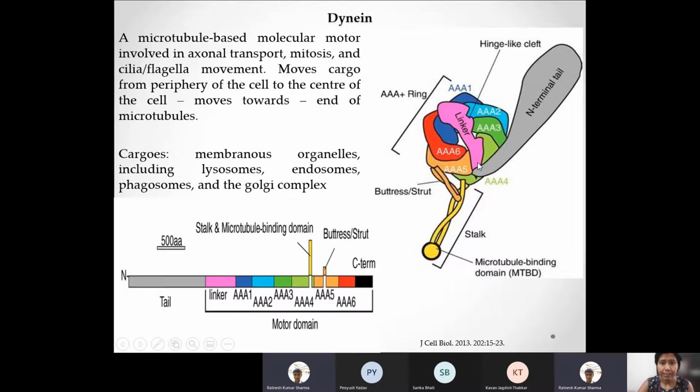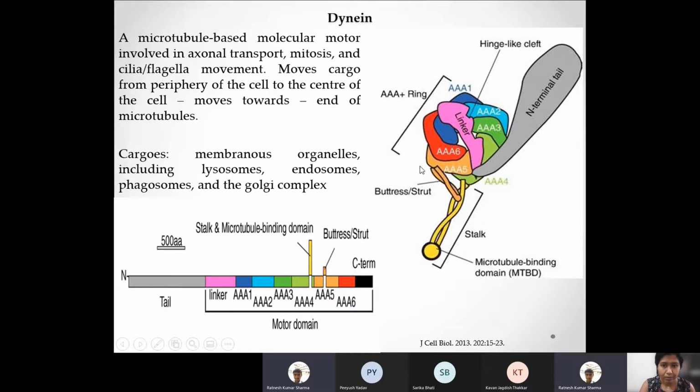The linker comes right after it, and if you have a donut, that's the AAA domain ring, and the linker sort of sits flat on that ring. Therefore, if you have some change in the AAA domains because of ATPase activity, the linker position can also change.